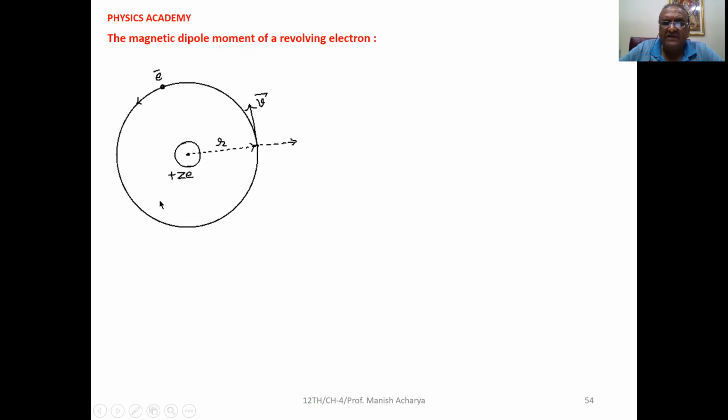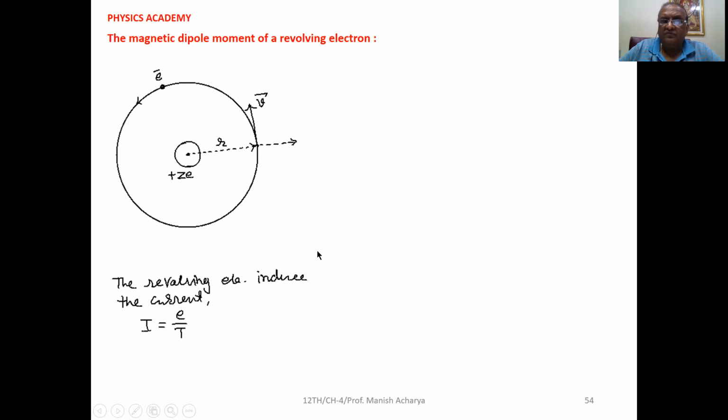Now see, suppose as shown in this figure, the electron is revolving in the orbit having radius equal to r with respect to the positively charged nucleus. Here, at any instant, the velocity of the electron will be in the tangential direction.